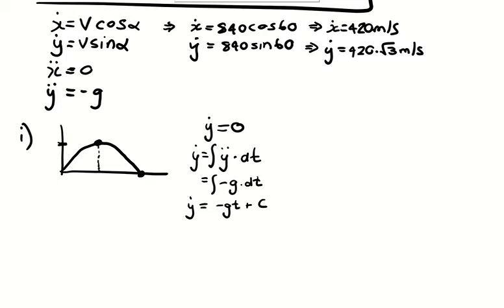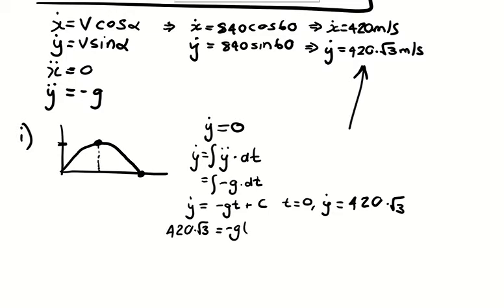Now, what are my initial conditions? I know that at time is 0, y dot is equal to 420 times root 3. Sub them in, I get 420 root 3 equals negative g, which if they don't mention what to take g as, you take it as 10.